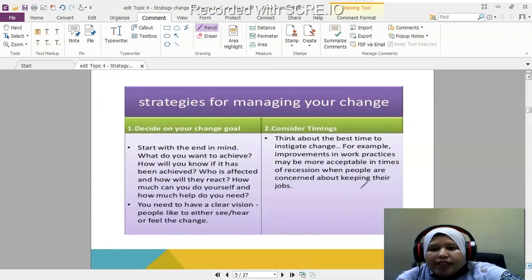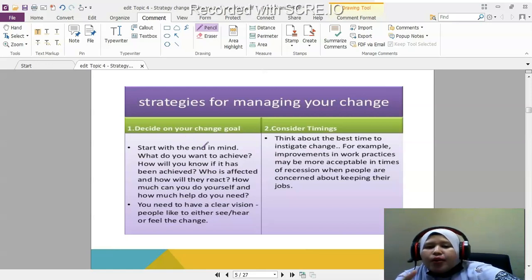First things first, the company should decide on the change goal. What is the goal of the change, and what factors make you think it is the right time to change? Start with the end in mind. That means you need to go through the function that you need to change.